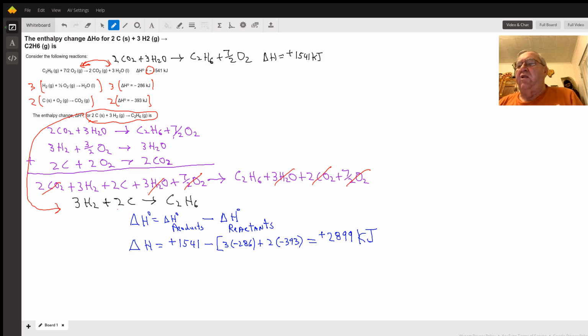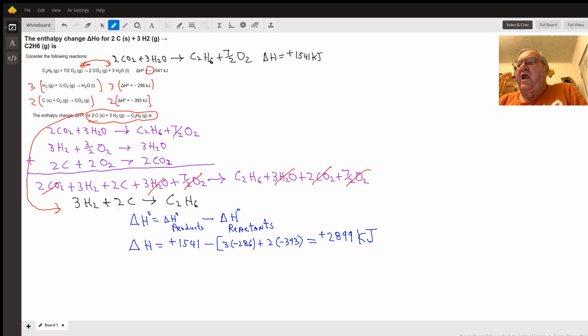I have to subtract the reactants, and I had 3 moles of the H2, and the H2 was negative 286, so I multiplied 3 by minus 286, and I had to add to that my enthalpy of reaction for the carbon, and that was 2 times minus 393. And notice this negative sign will make what's in this brace, and I forgot one little bracket here, and I apologize for that, that makes that positive.